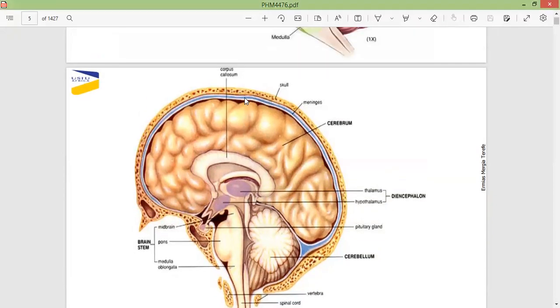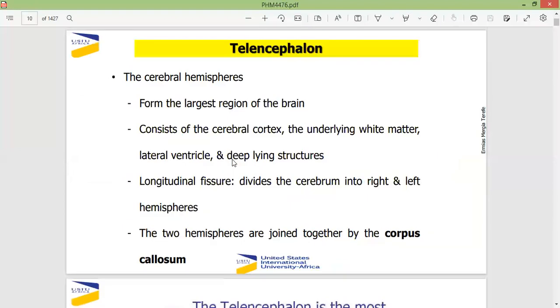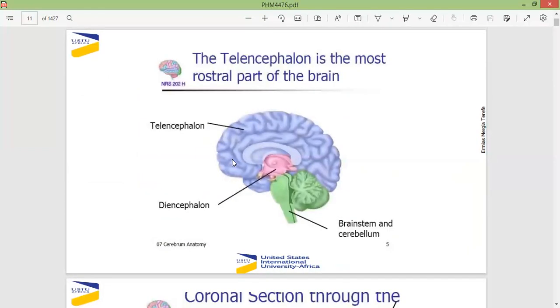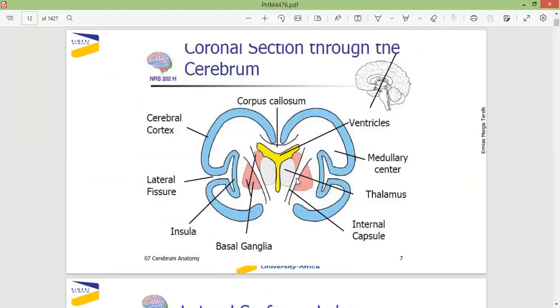Then the other structure, let me not call it an organ, but a structure we've not mentioned, is the corpus callosum. The corpus callosum functions to connect the two halves of the brain. We know the brain is divided into two hemispheres, and the corpus callosum will connect the left hemisphere and the right hemisphere.